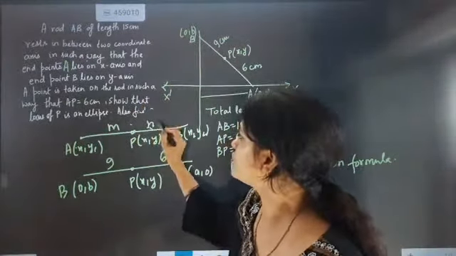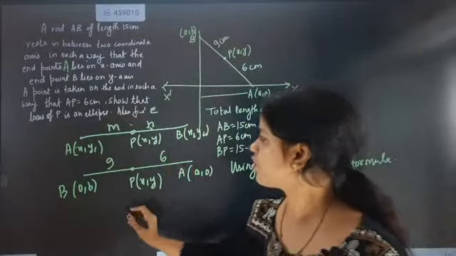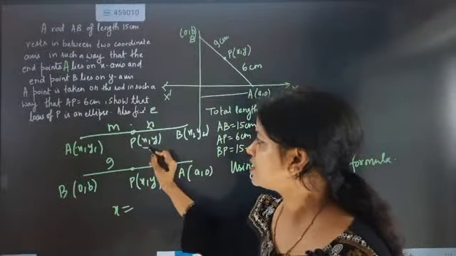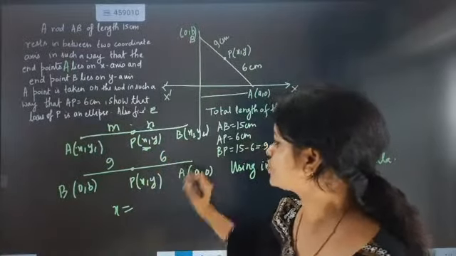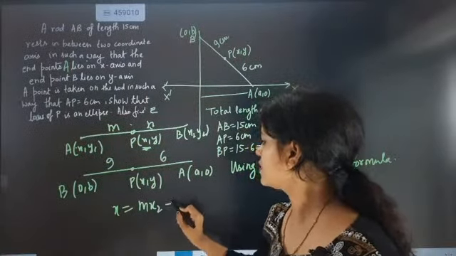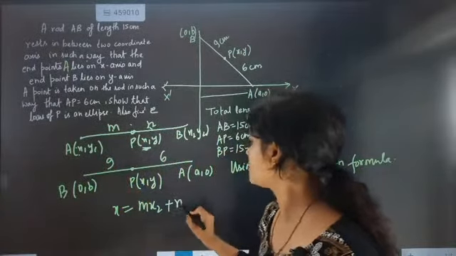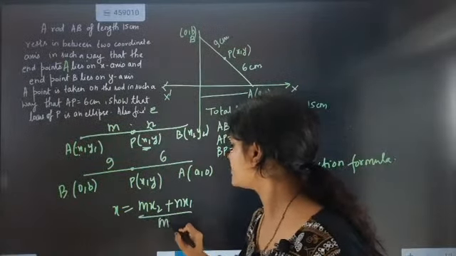If the line is cut into the ratio m is to n, then the formula is x equal to m x2 plus n x1 by m plus n.